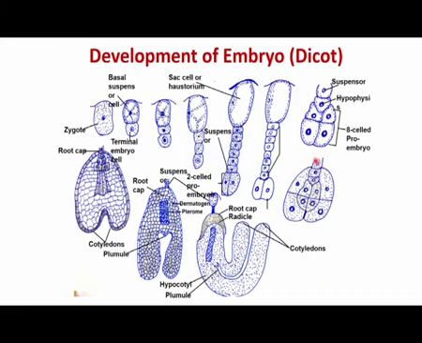At this stage, the 8 protodermal cells divide by anticlinal division to form the embryonic surface layer, or the epidermis. The 8 inner cells divide in different planes to form the ground meristem and procambium of the cotyledon, hypocotyl and plumule.